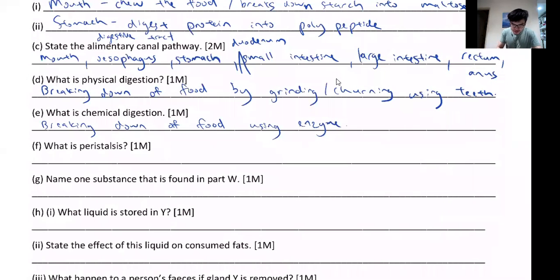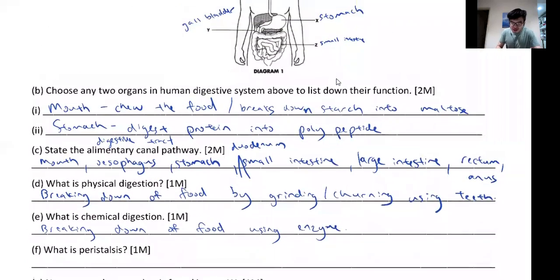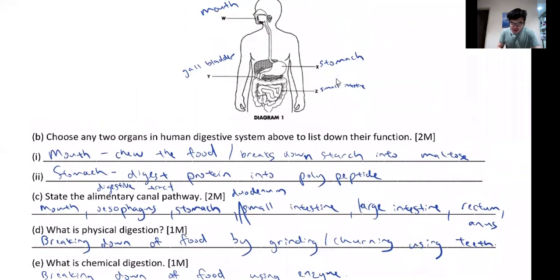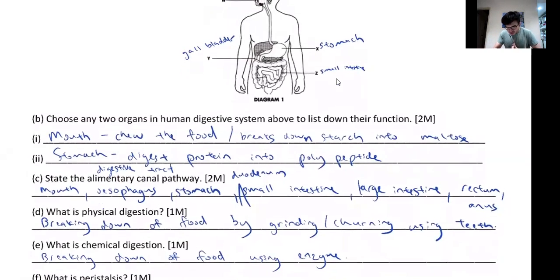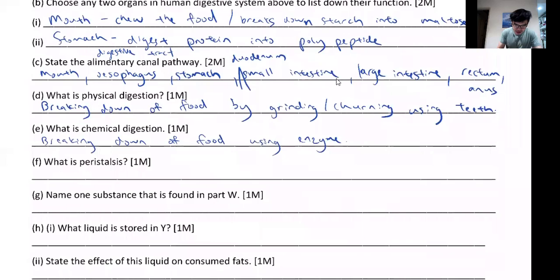Okay, so F, what is peristalsis? Very important process. Okay, it happens especially here, in this esophagus. When you swallow food, you can feel your food going down, right? Not because of gravity, because your esophagus is pushing food down. So the pushing of the food down is called peristalsis.